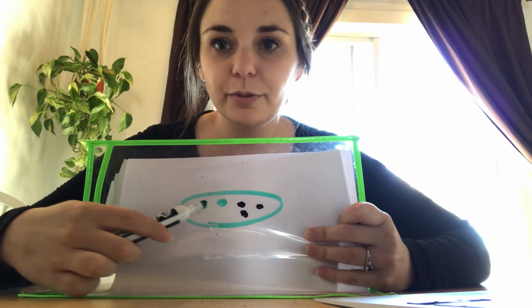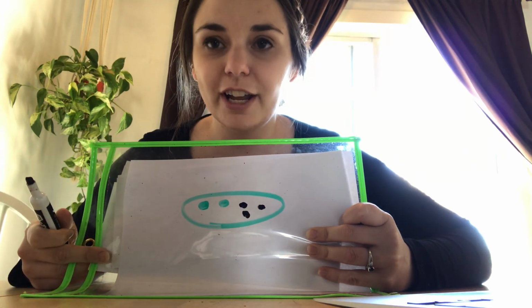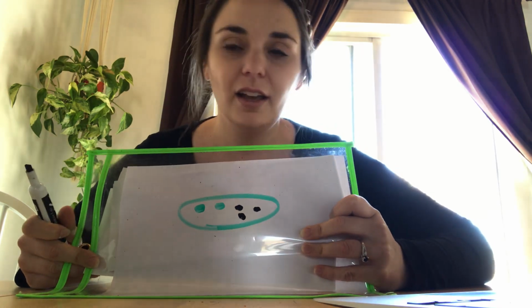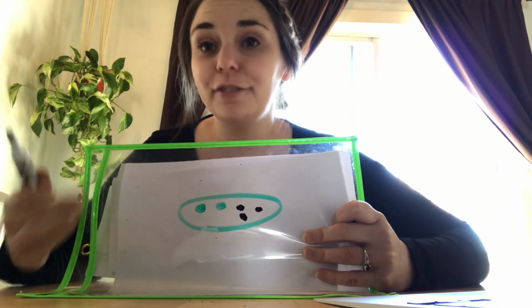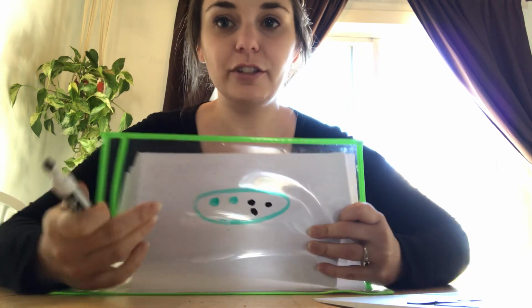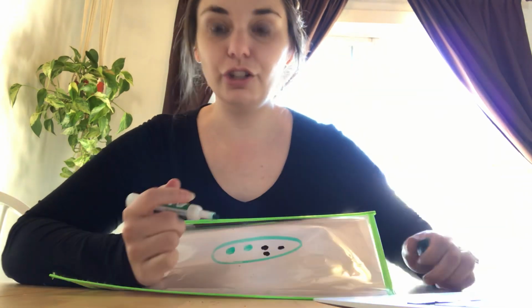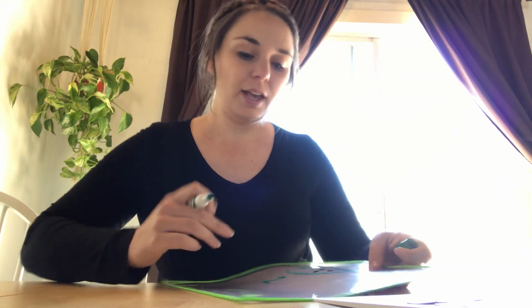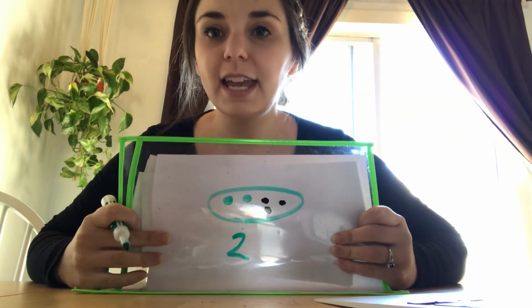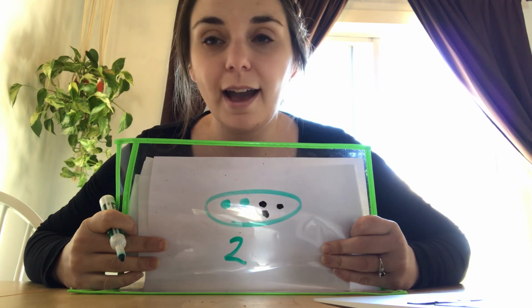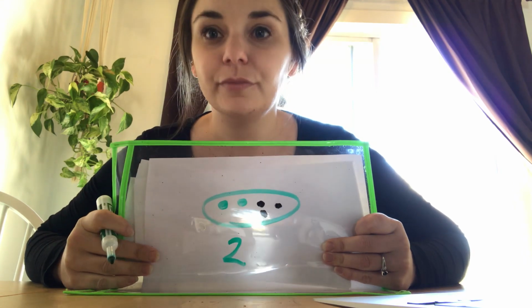So 2 frogs were there, and then 3 new frog friends came to hang out with them. Let's write an equation for this, for how many frogs there are now. First, there were, how many? 2. And then some more frogs came. If more frogs came, we are adding or subtracting? That's right, we're adding.